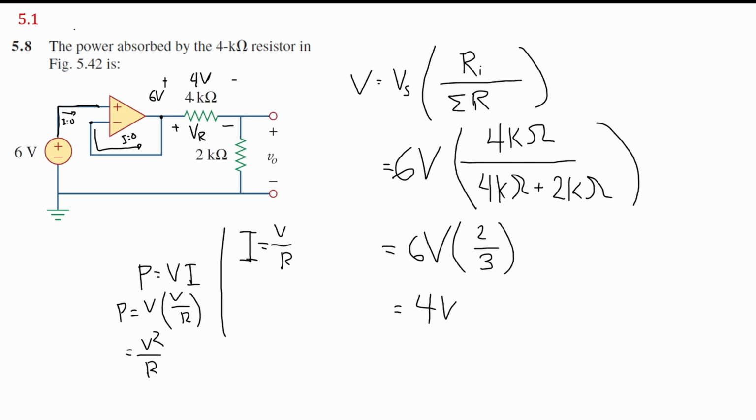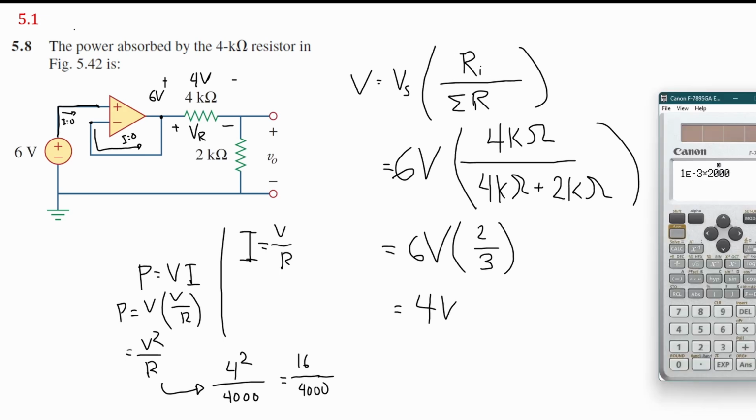So, using yung na-solve natin na values, there is a 4 volt across the 4K resistor, and then there will be a 4K ohms resistance. So, power is equal to 4, dito natin nilagay, 4 squared over 4K ohms equals 16 over 4,000.